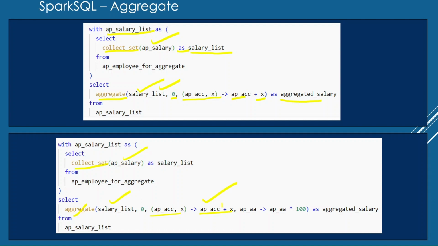Here it is the sum aggregate, and when the sum aggregate function gives a single result, it will multiply that value by 100, and the result will be available in the segregated salary column. So with the help of an aggregate function, we can do a certain kind of aggregation on a column which is of list type.